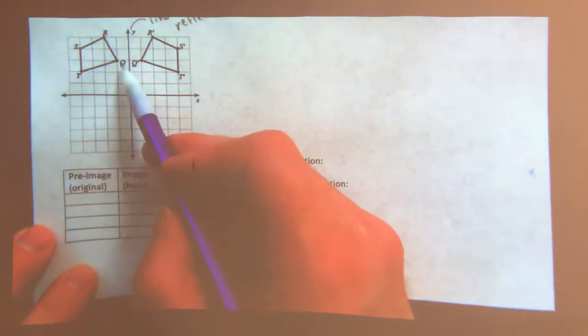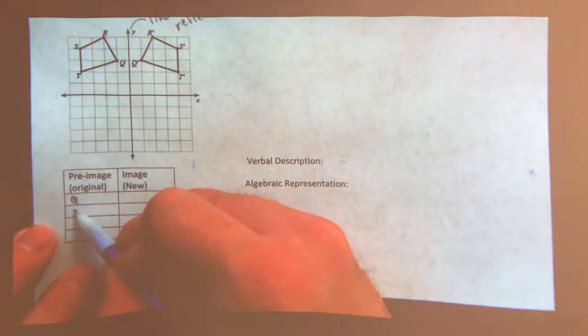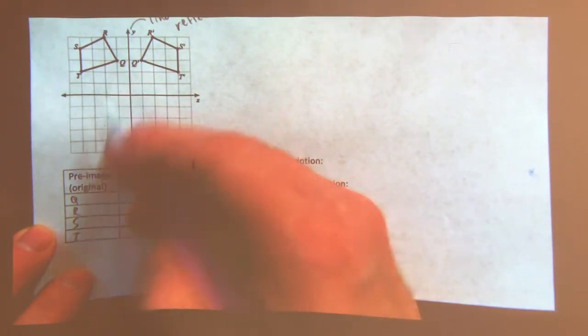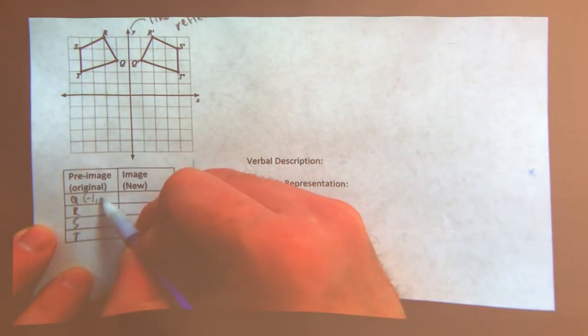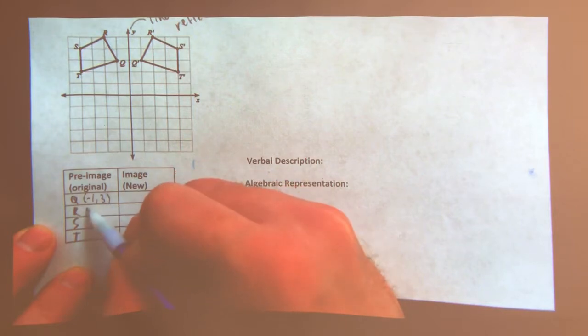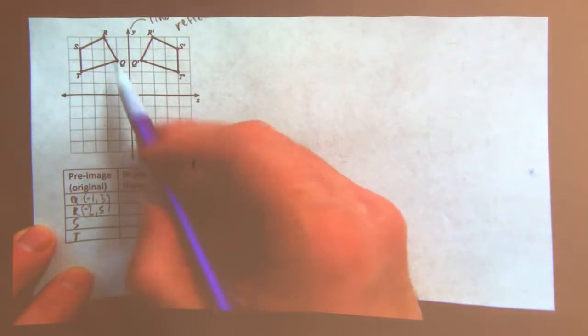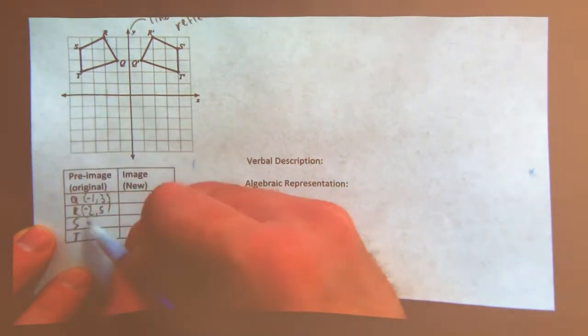So our original QRST, our original points: Q is -1, 3. Hopefully I'll get my signs right here. R is -2, 5. S, -4, 4.